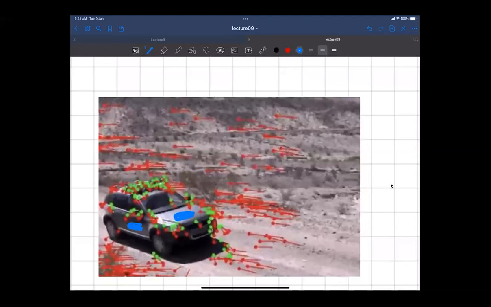Okay. Any questions here? So in a self-driving car, for example, because your car is likely to move and the other car is also moving, right? You have to compensate by canceling your motion, your self-motion. Once you can cancel the self-motion, then you can know the speed and direction of the other car.